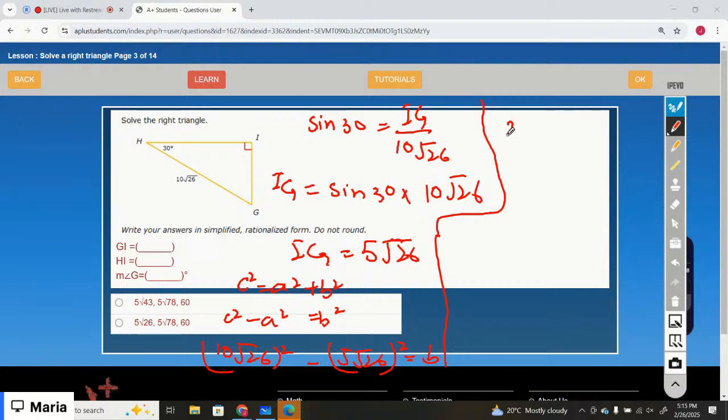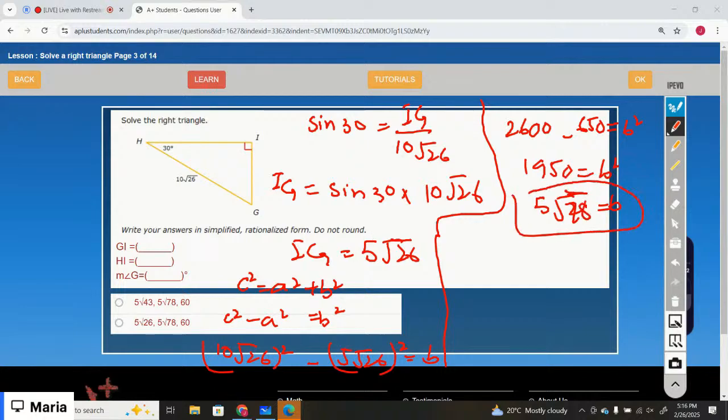100 times 26 is 2600, and then 25 times 26 is 650 equals b square. 2600 minus 650 is 1950 equals b square. You need to calculate b. That is 5 square root 78.